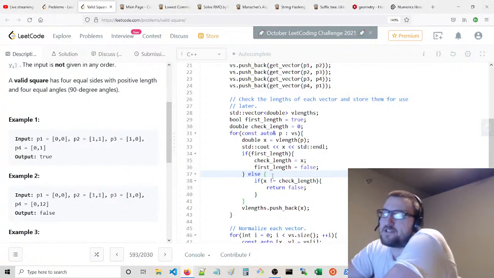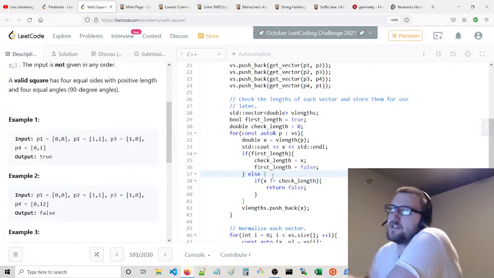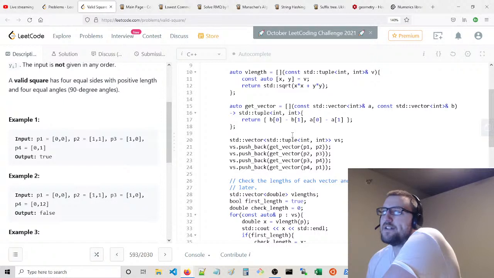Okay, I don't know how we got 0 for the first length. x equals v length of p.